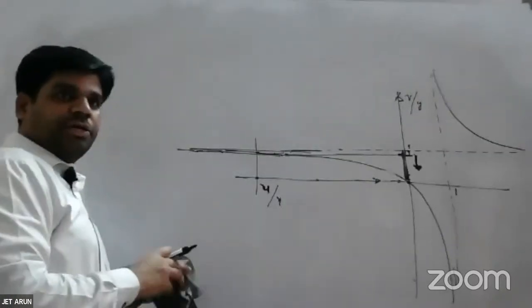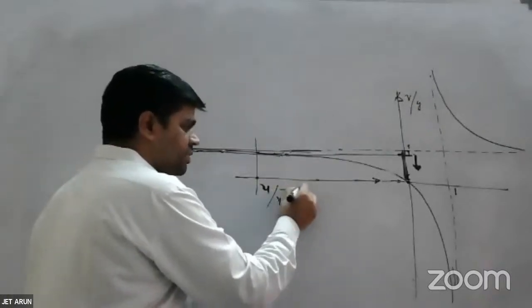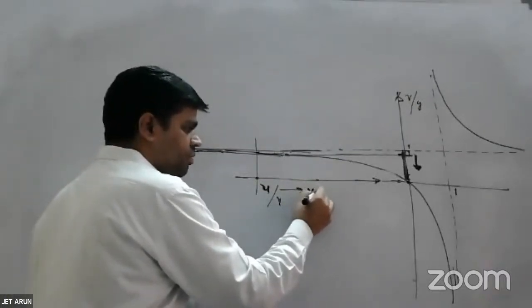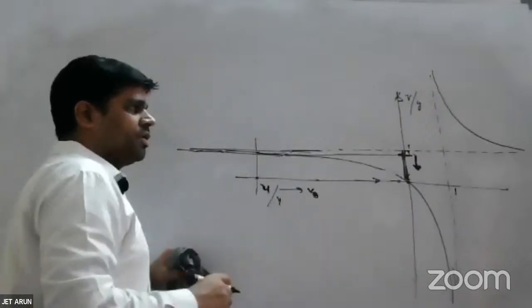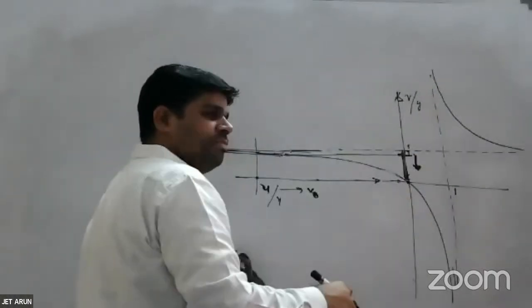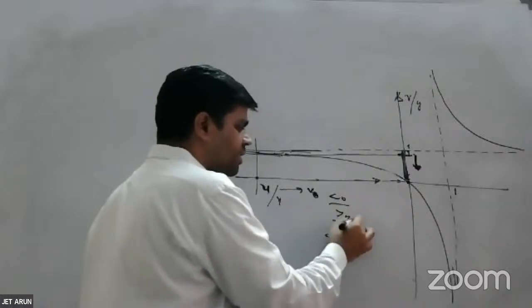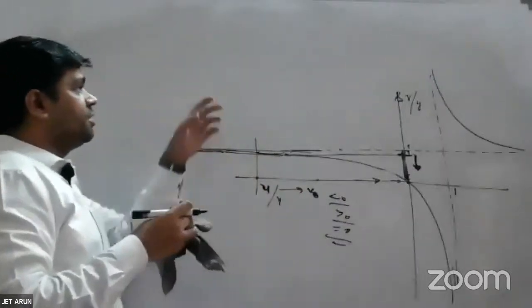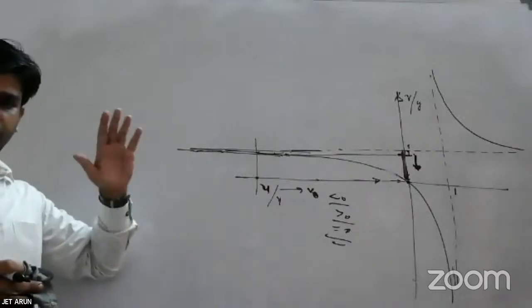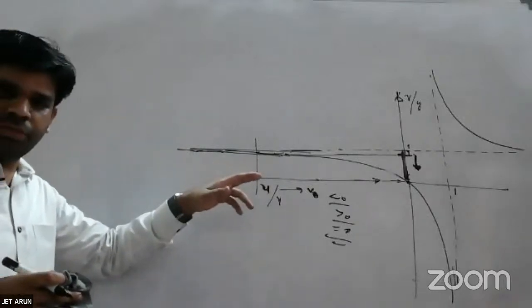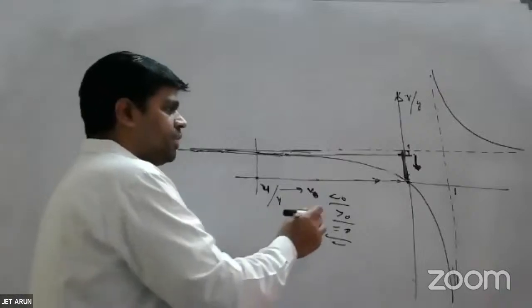Yes, sir. ఇంకొకటి, let us say the object is coming with velocity v naught. Velocity of image ఎంత ఉంటుంది? Less than v naught, greater than v naught, equal to v naught ఎలా ఉంటుంది? అదే నేను రే డయాగ్రామ్ నుంచి చెప్పలేను, కానీ గ్రాఫ్ నుంచి చెప్పగలుగుతాను. Look at this.